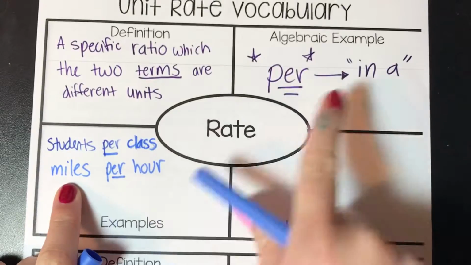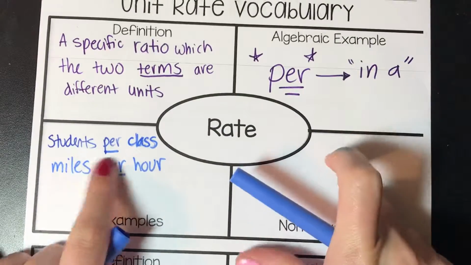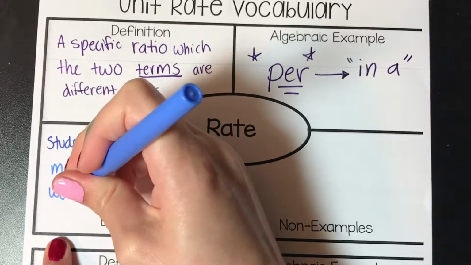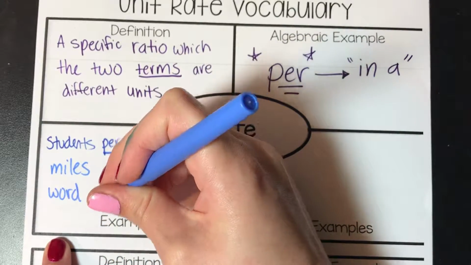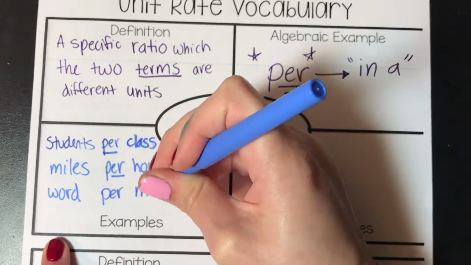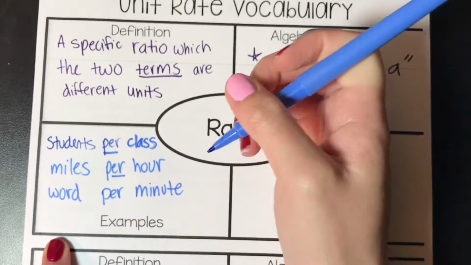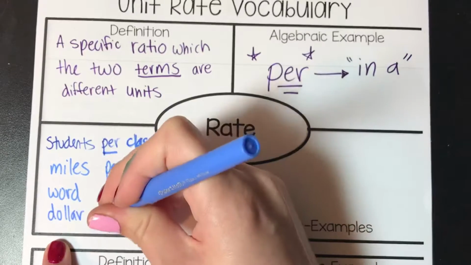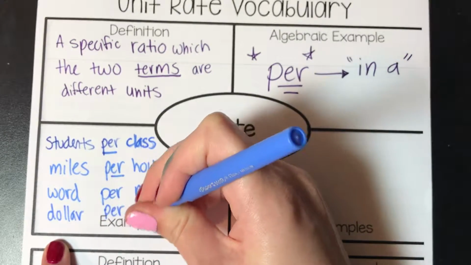How many miles in an hour? How many students in a class? When you're typing, you can be measuring your words per minute. Or if you're shopping at the store, you might be buying something at dollars per pound.